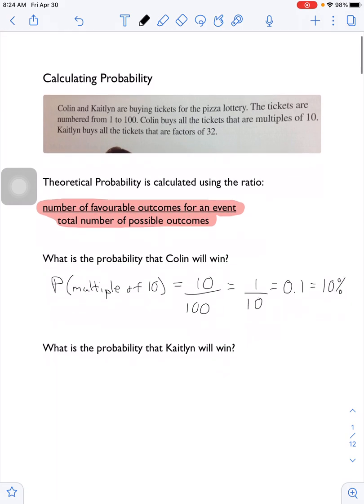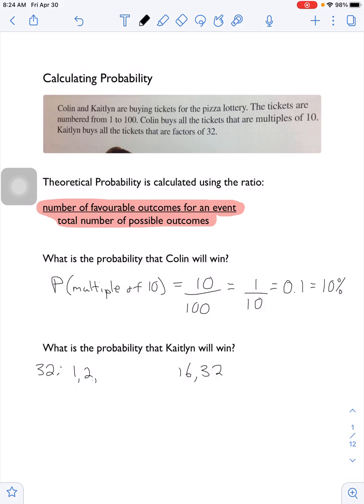So for Caitlin winning, Caitlin is going to win if the ticket that's drawn is a factor of 32. So we've got to find the factors of 32. Well, we did this back at the very beginning of the school year. So that'd be 1 and 32. 2 times 16 equals 32. 3 times 8 is 24. 3 times 9 is, no, 3 times 11 would be 33.